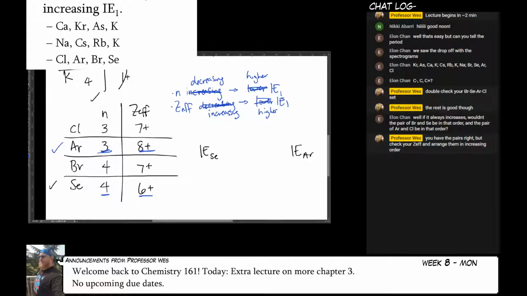And now what we have to do is just do comparisons between the two. So I know that if I compare selenium and bromine, this is higher than this one. So bromine's going to have a higher ionization energy than selenium. And if I compare chlorine and argon here, chlorine's going to have a lower energy than argon.